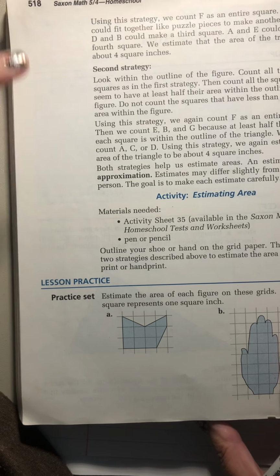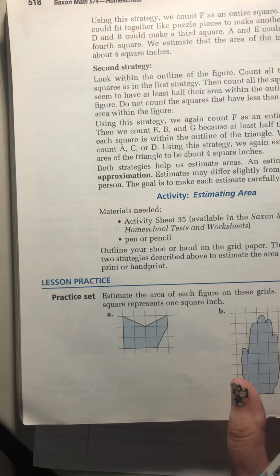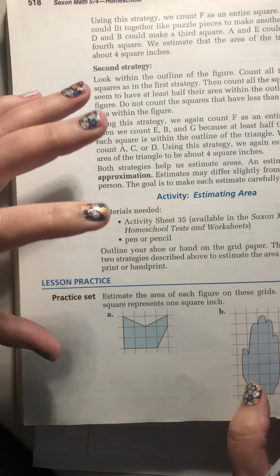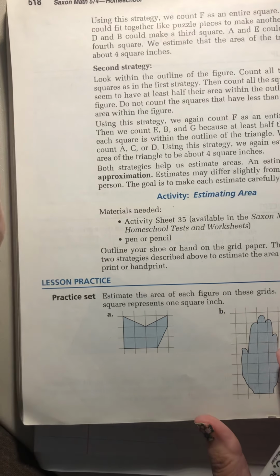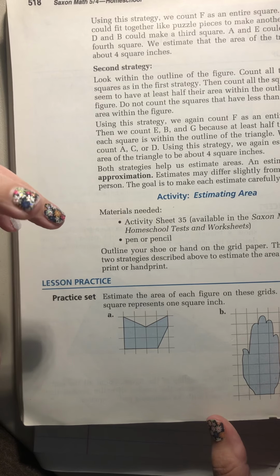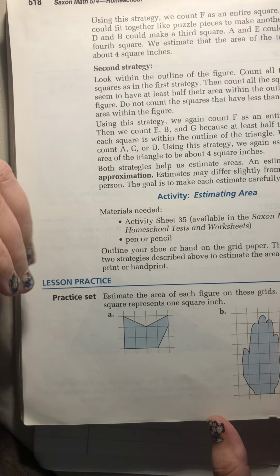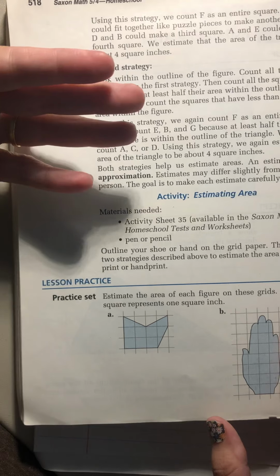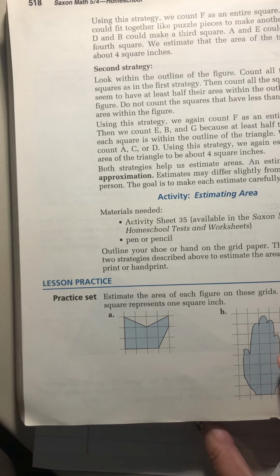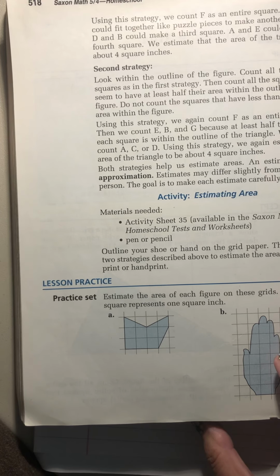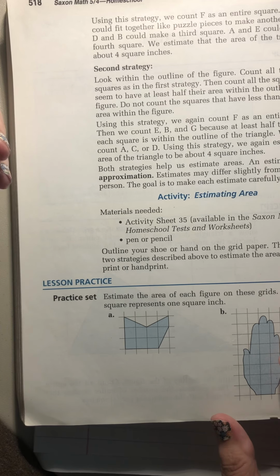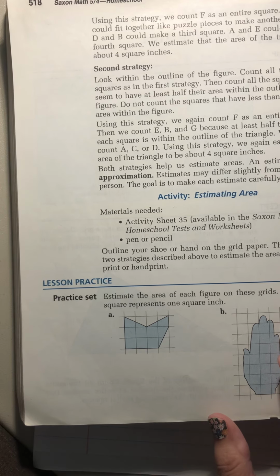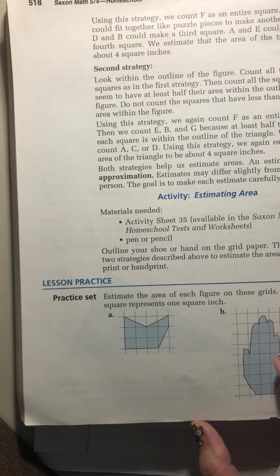I'm on page 518. Now, since we are estimating, what you need to remember also is we're estimating. So my answer on my 2 problems was about 4 square inches. Okay, I said about. So there can be a range. The answer may be anywhere from 3 to 5 would be an acceptable answer because it's an estimate.